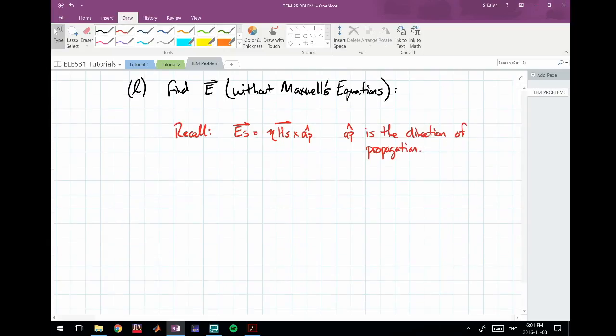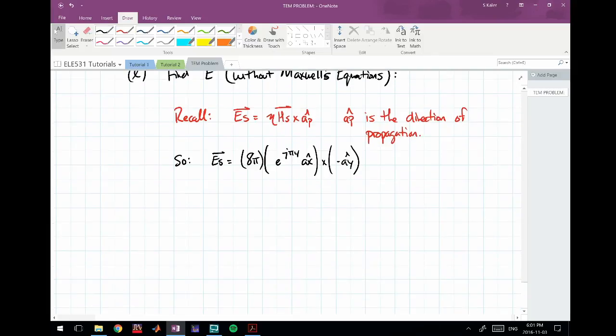What we end up getting in our case, Es equals eta, which we said was 8 pi, times Hs, which we know is e to the j pi y ax, and what we're going to do is take the cross product of this thing with minus ay, and so the cross product of ax and minus ay is going to be minus az.